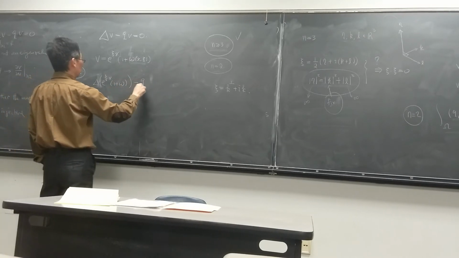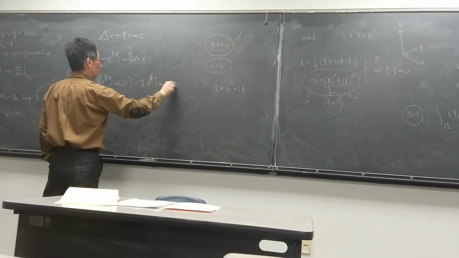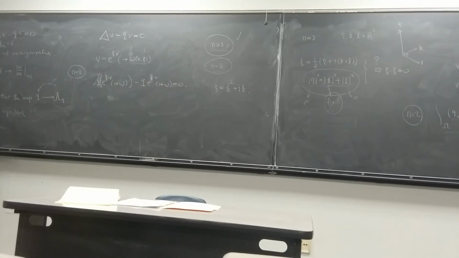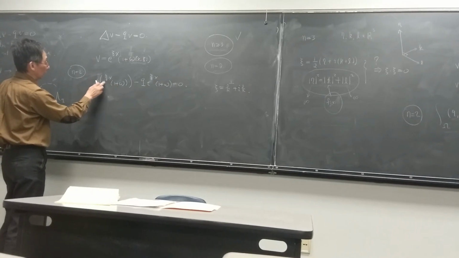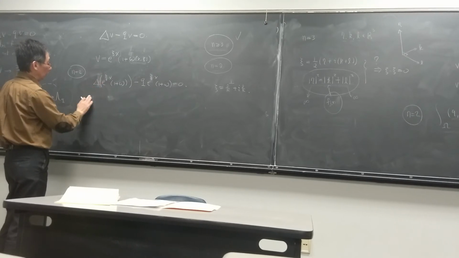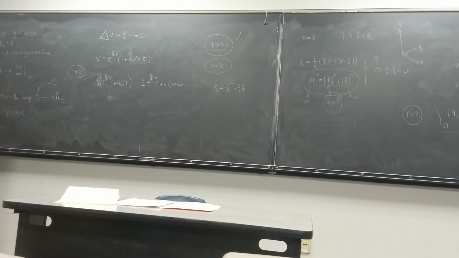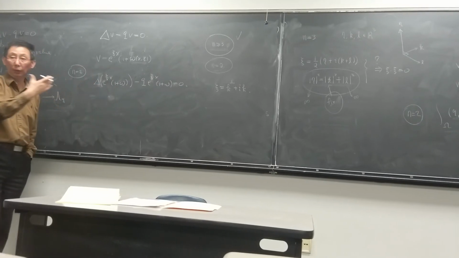Minus Q e to the C dot x plus omega. This computation actually works for any dimension, but eventually, at some stage, I'm going to use the dimension 2 as a condition. If you take the Laplace of that, using the product rule, the Laplace of the exponential function will become 0 because the exponential function is a harmonic function, right?